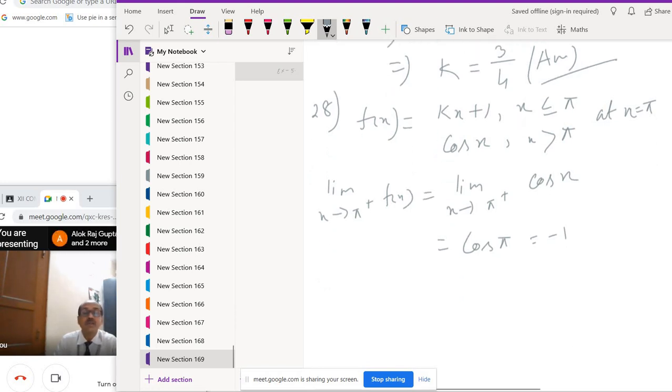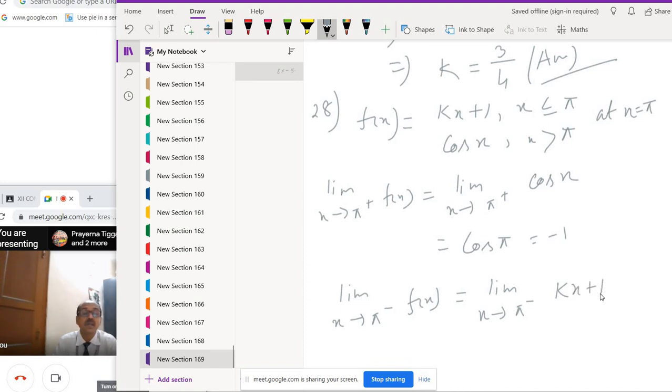Now the left hand limit, x tends to pi minus f(x), equal to limit x tends to pi minus, that means less than pi, where the function is kx plus 1.